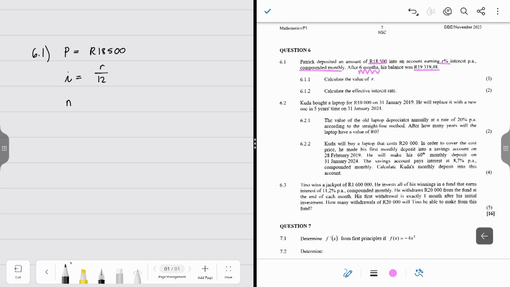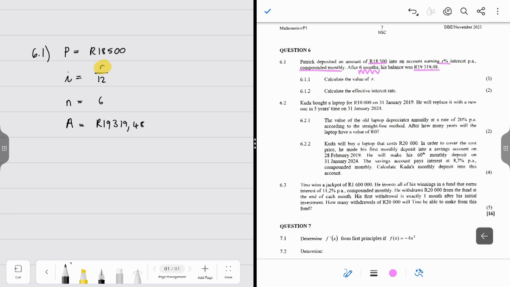We also know that the N value, which tells us how many payments were made, is 6. Only 6 payments were made. And we also know that our accumulated amount or our final amount is going to work out to 19,319.48 cents. So what we want to work out is what our R value is.